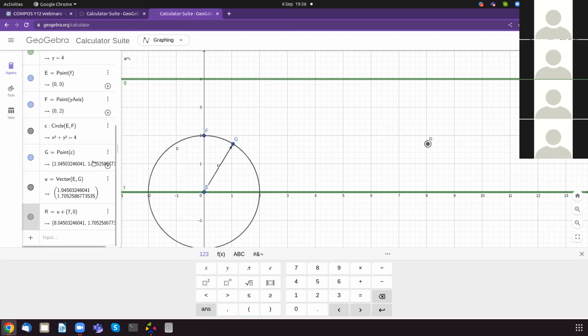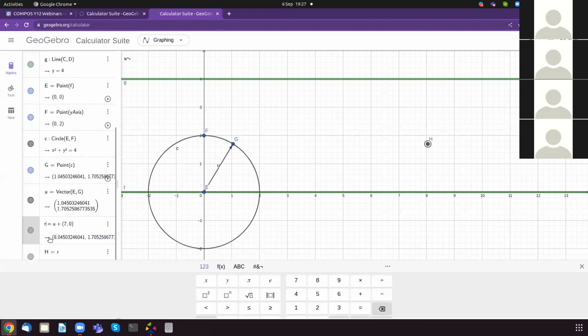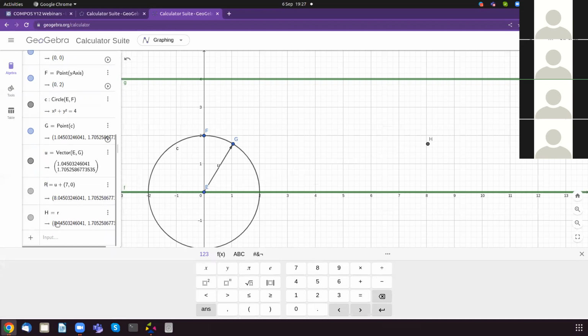Oh, so sorry, this should be R, and R is the vector. Forgot the word vector.